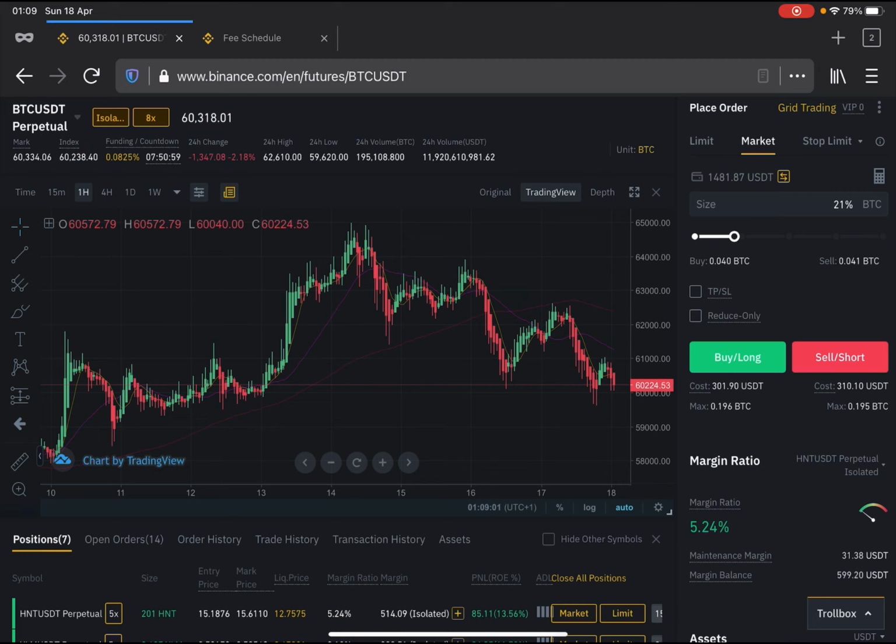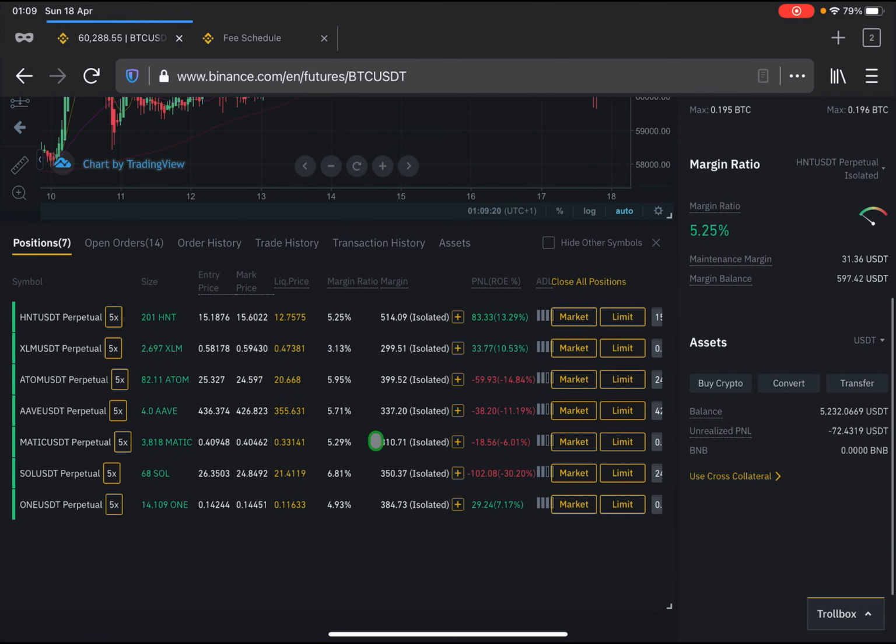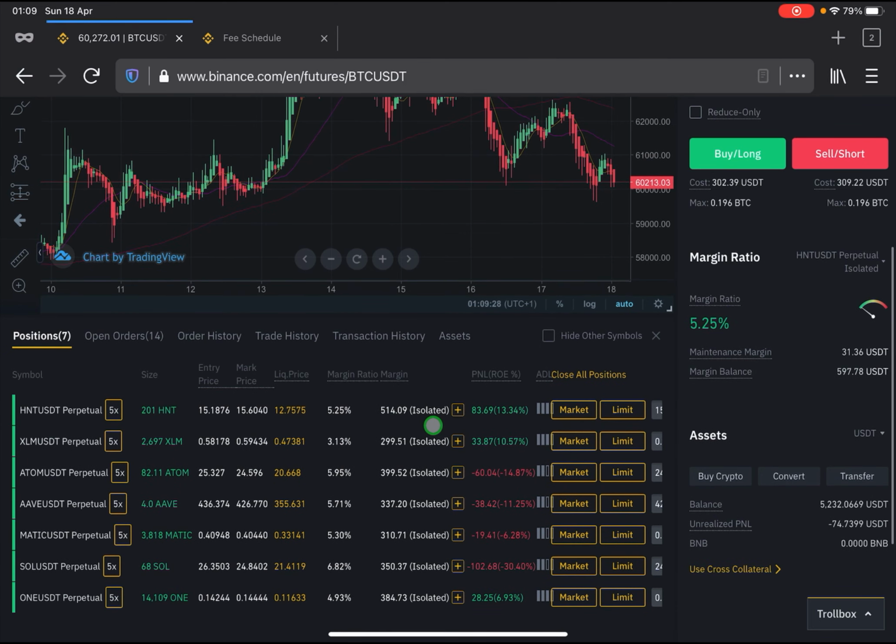You need massive money pumped into that market for the price to increase. You need another Elon Musk to invest more into Bitcoin for the price to pump. But with coins like Atom, XLM, HNT, whatever, these lower cap coins, it doesn't require as much money to have a big pump.